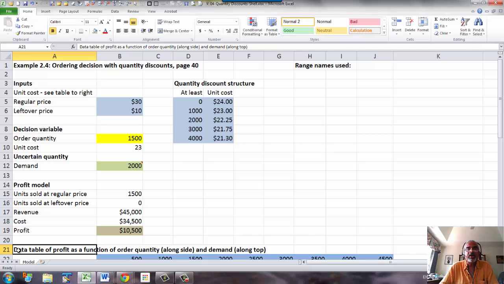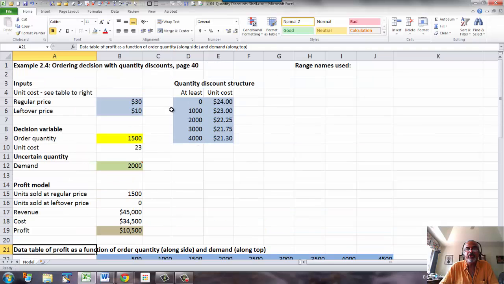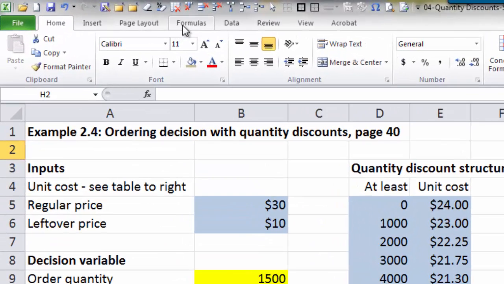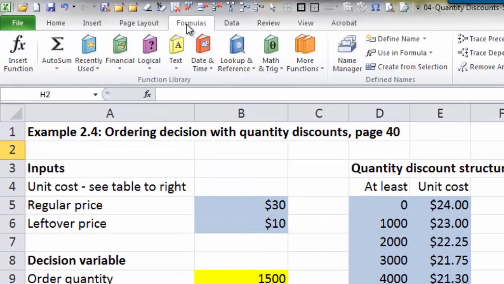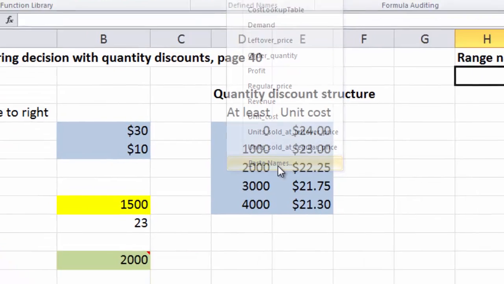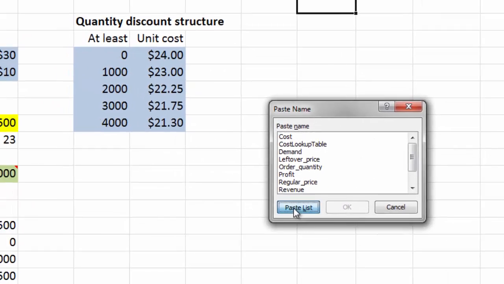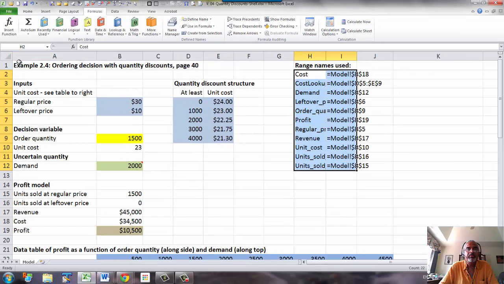So this is the model. Now we're going to use this model in what-if analysis. That will be in the next video, but before we close, let's have a list of range names. And remember, we went over this earlier. To get a list of range names, use In Formula, then select Paste Names, and finally if you click Paste List, that will paste a list of range names.